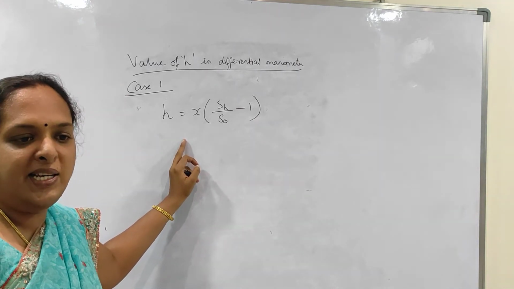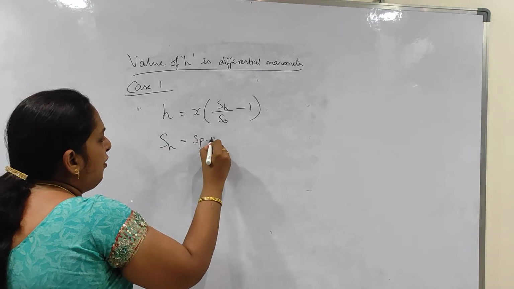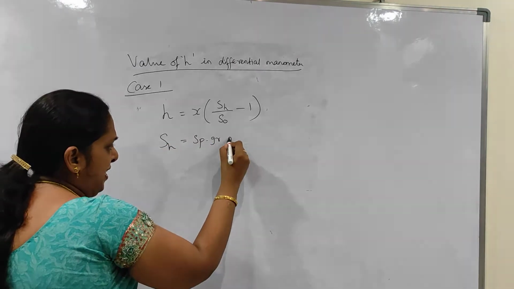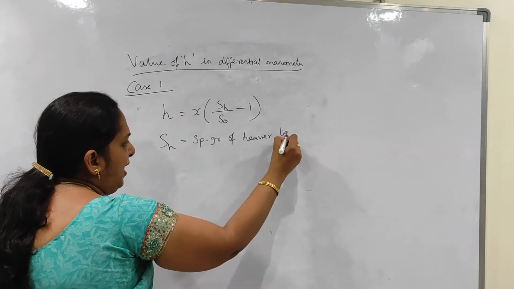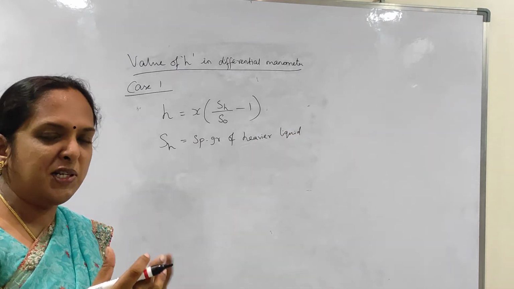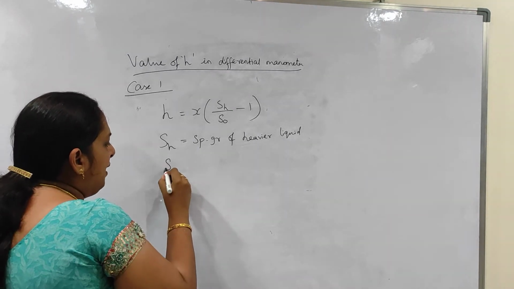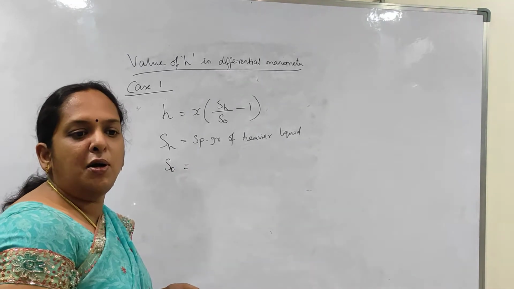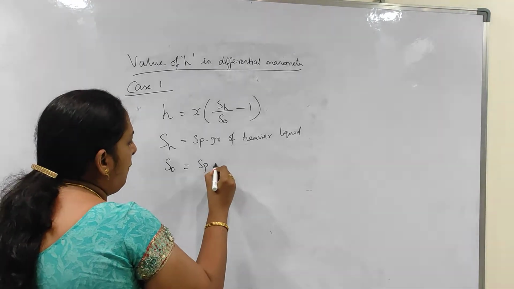So what is S_h? S_h is the specific gravity of your heavier liquid, where h stands for heavier. Even oil can be used, depending upon the specific gravity. And what is S_0? S_0 is the specific gravity of the liquid that is flowing through the pipe.